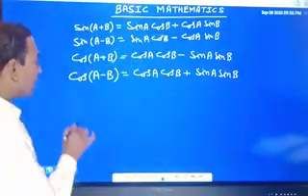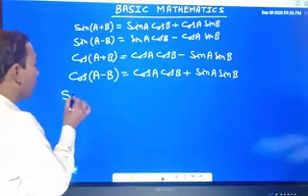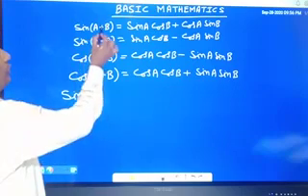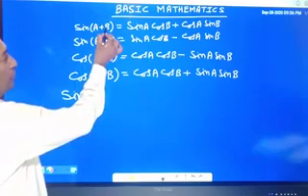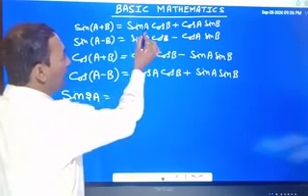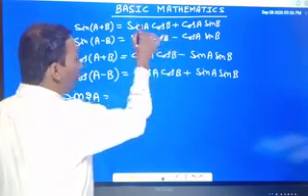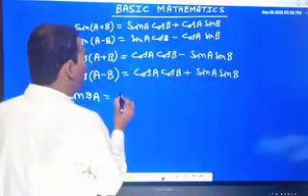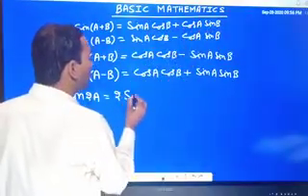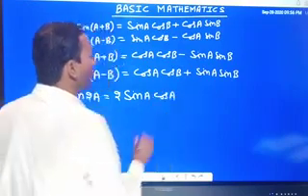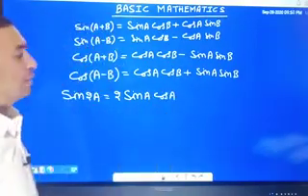Now we take the formula of sin 2 theta, sin 2A. We put A in the place of B, then A plus A becomes 2A. If we put B equal to A, then sin 2A becomes 2 sin A cos A. This formula is called the half angle formula for sin.